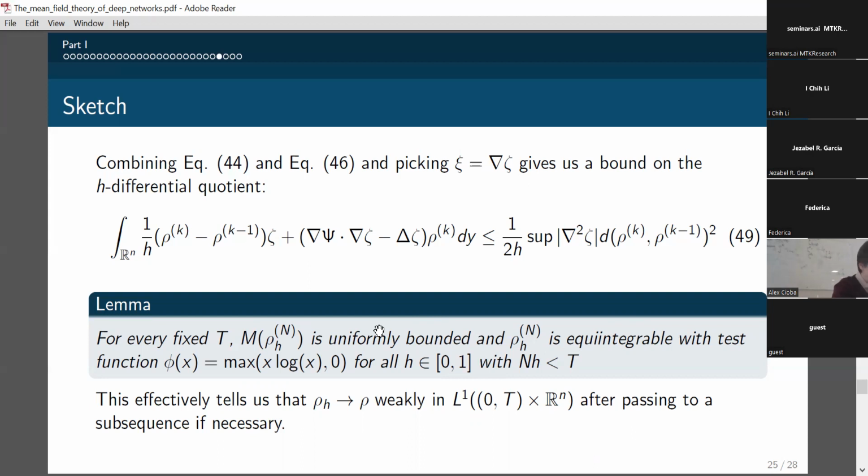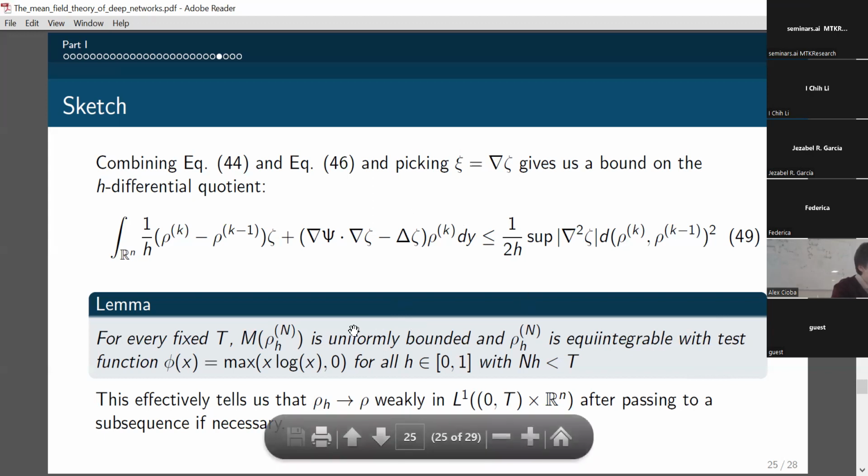But the additional property that the supremum over the integrals over the tails is bounded is called equi-integrability. And this effectively allows you to say that you can at least pass to weak limits of the sequence rho h up to, let's say, taking a subsequence. So this is one ingredient that you need.